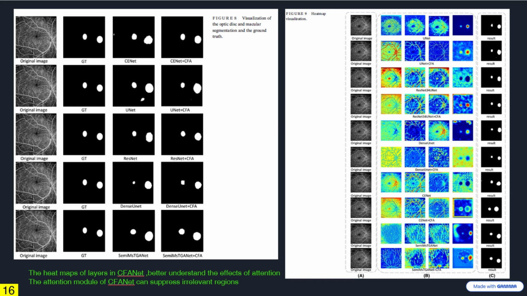The overall effect is also worse than those in the 6th row. It can also be seen that the attention model of the CFA-Net can suppress the unwanted regions. More accurate interpretation of segmentation is really useful for the clinical treatment from the ophthalmologist.